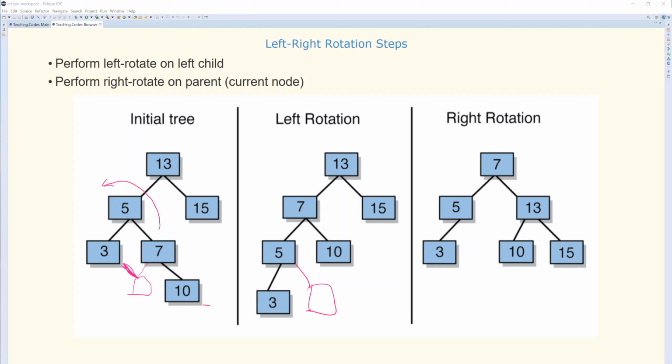So that's why you don't see it. But this will do a left rotation. Once this is done, now we do a right rotation. So 13 and 15 go down, 7, 5 and 3 go up, and 10 gets adopted. Once again, don't forget that there was an invisible null pointer here, which became the child here. But you don't see that.